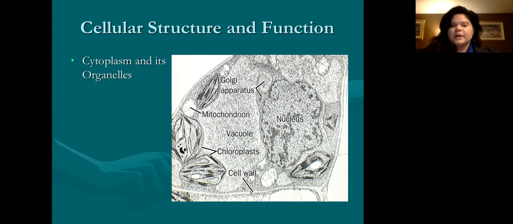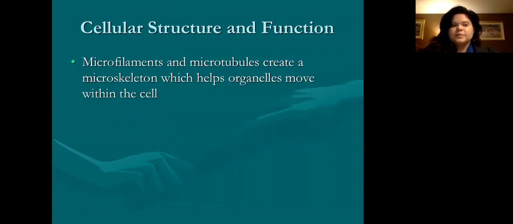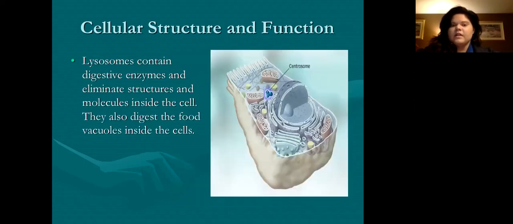So you have your Golgi apparatus, the mitochondria, the cell wall, and the nucleus. And these are all functions inside of a cell. Your microfilaments and microtubules create a microskeleton, which is going to help your organelles move within the cell, like little feet, little dusters that kind of push it around.